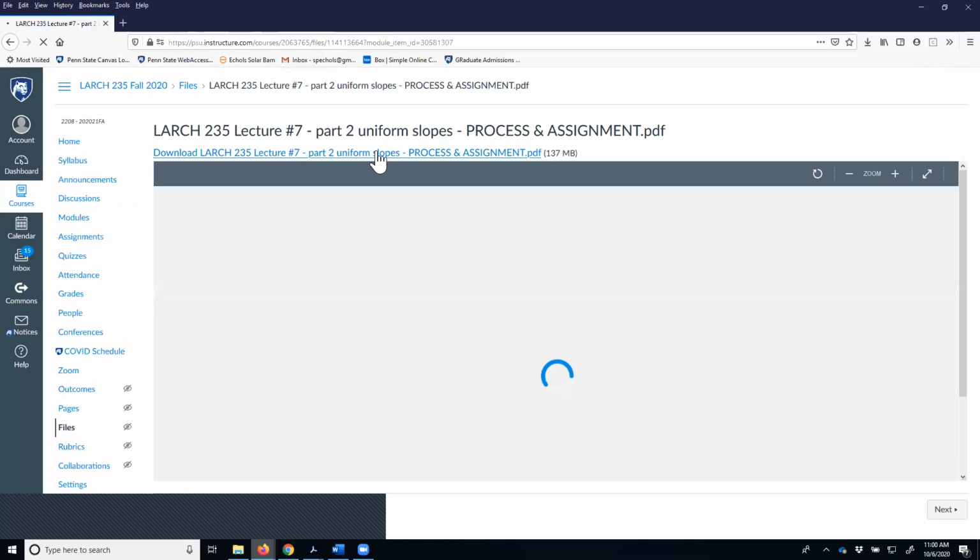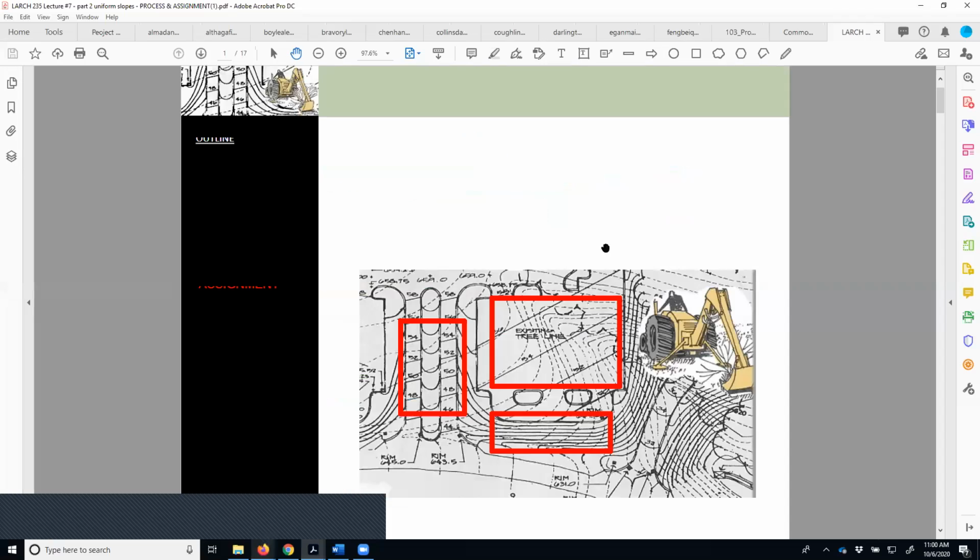So we're going to download that real quick if we can. Not a very fast download, but it will have all of this information for you. And I know this is a roundabout way of answering your question, but I think it's an important thing for you guys to understand.